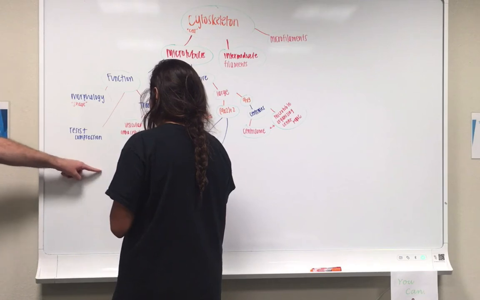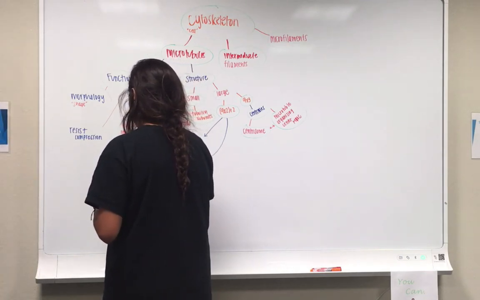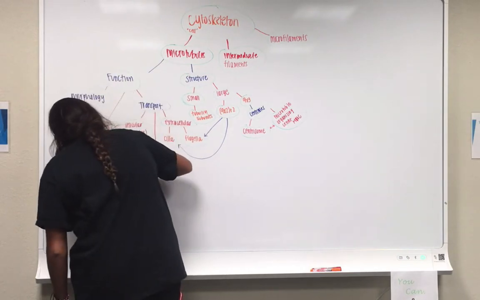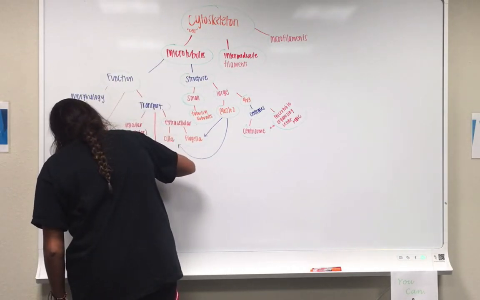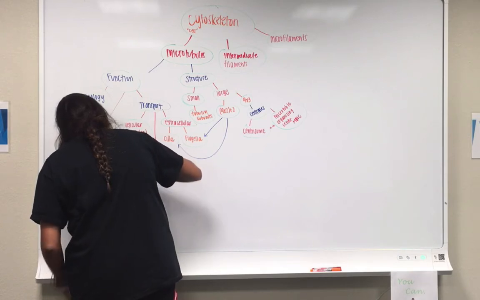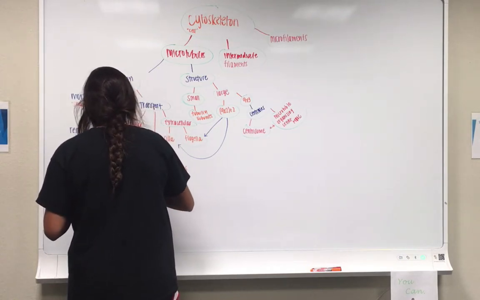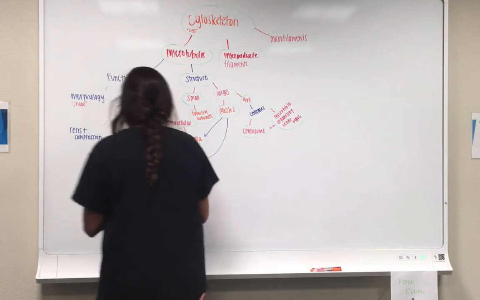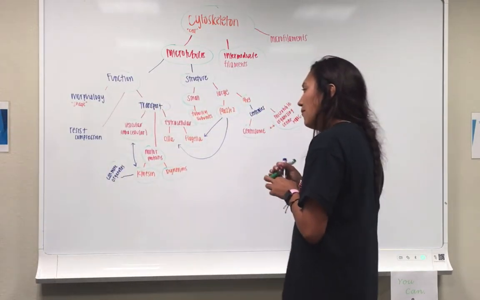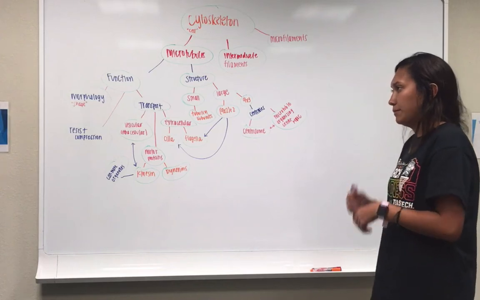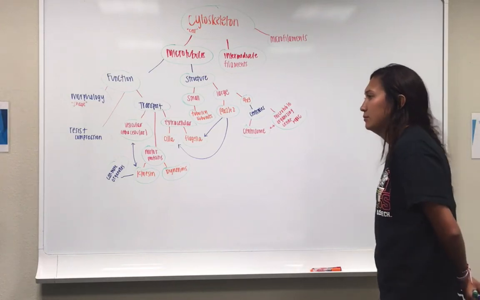One more thing that we want to mention about kinesins is that they can play a role in the movement of organelles. So let's say you're a T cell, and you're about to unload a very dangerous payload on a cancer cell.